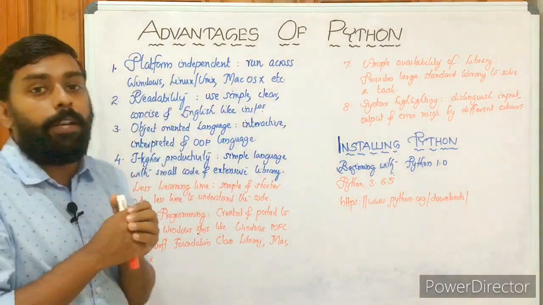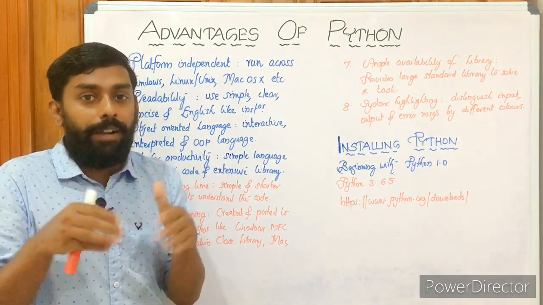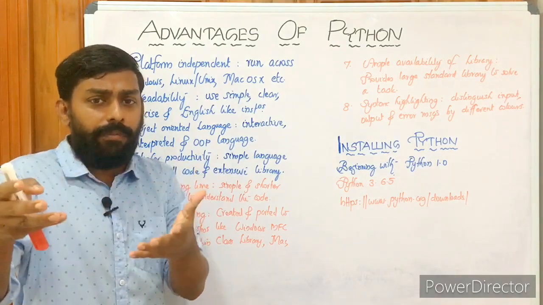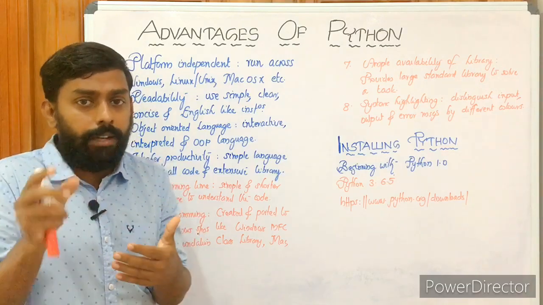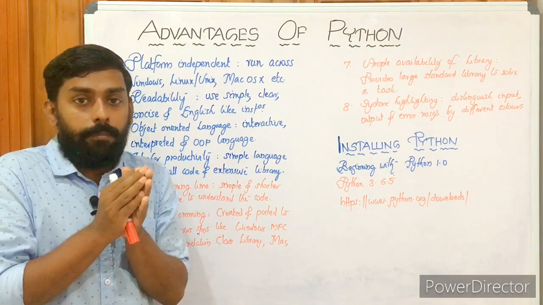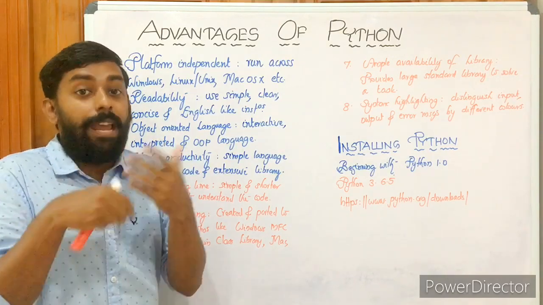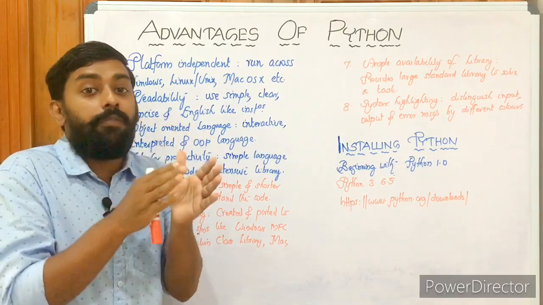The first, platform independent. You know what actually a platform is? Platform means operating system. We can think of an operating system, or it can be another kind of software we are working with. Simply we can say platform means operating system. So Python programs work on every platform in the same way, in the same manner. So it is platform independent.